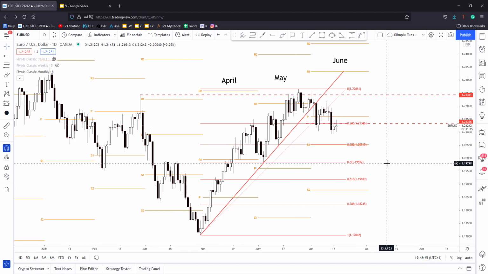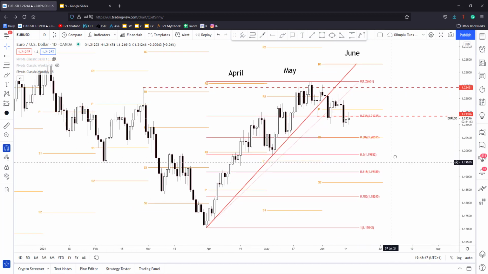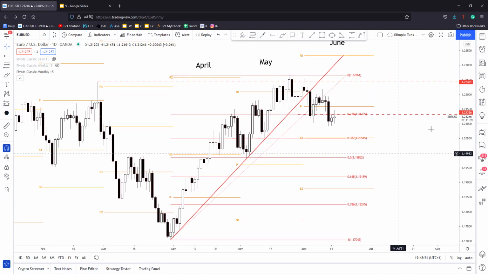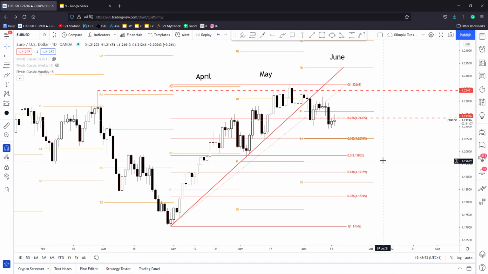So it is very important to use other tools, other indicators to identify maybe trading opportunities, maybe exhaustions like this one here, reversals, or when the price could maybe register only a temporary retreat.